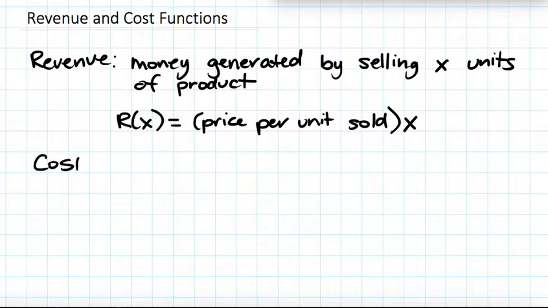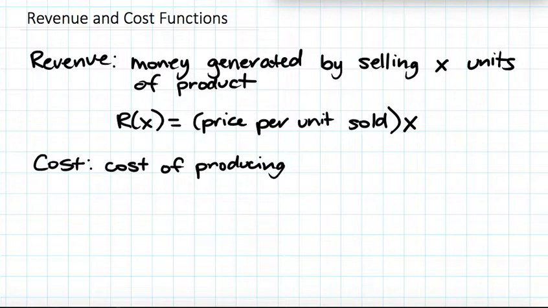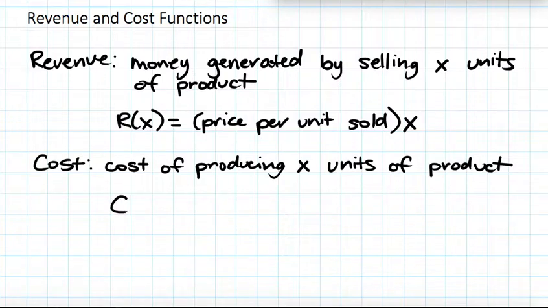We also have cost, which is the cost of producing products, and again, that's X units of product. And our cost function, we have actually two types of costs.